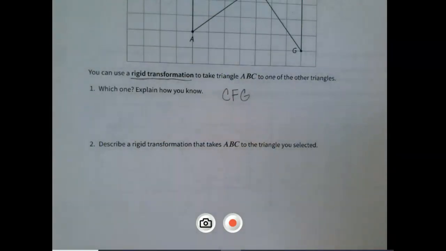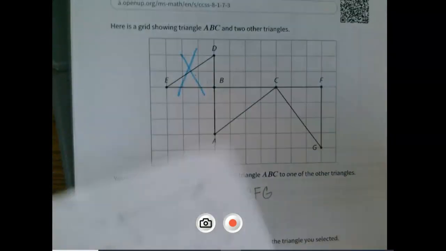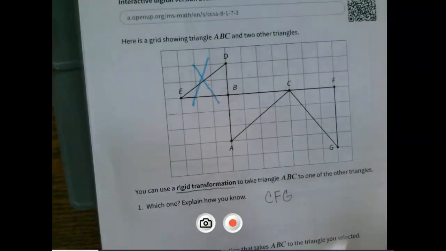Can you do it with just one transformation? Did you try it? I bet most of you said it was a reflection, didn't you? Because you said, okay, if I reflect this, because it looks like it's going in the other direction. So let's try reflection to see if it works.